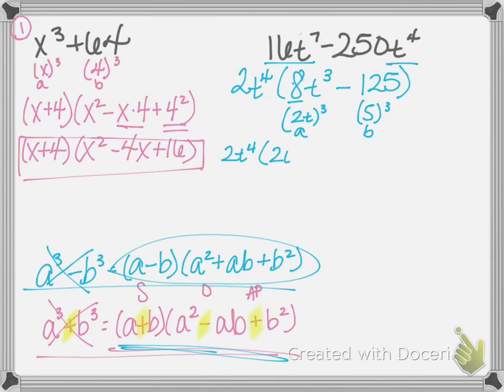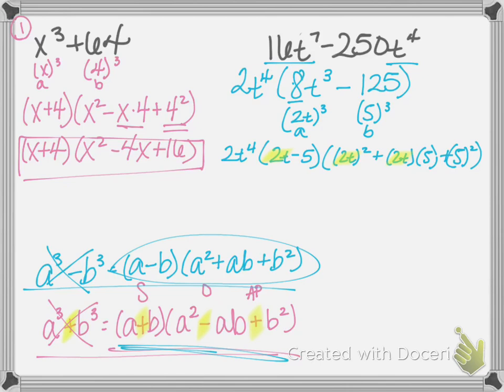So let's say 2t minus 5, and then it'll be, and I'm going to use parentheses this time, 2t squared plus 2t times 5 plus 5 squared. I use parentheses this time because I have a variable each time, the 2t. It's not as straightforward as the x in our previous example, so I just want to make sure I'm being extra careful.